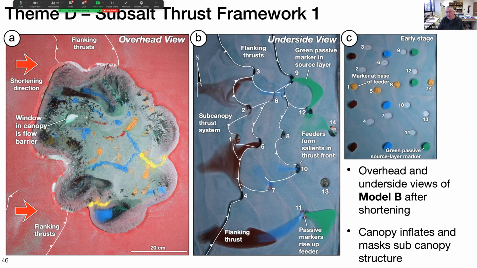And even if you have a look at the planform of 14 here and 13, they are slightly elliptical, to say that they had also been somewhat squeezed during the shortening. But you cannot see that from overhead, as I say.